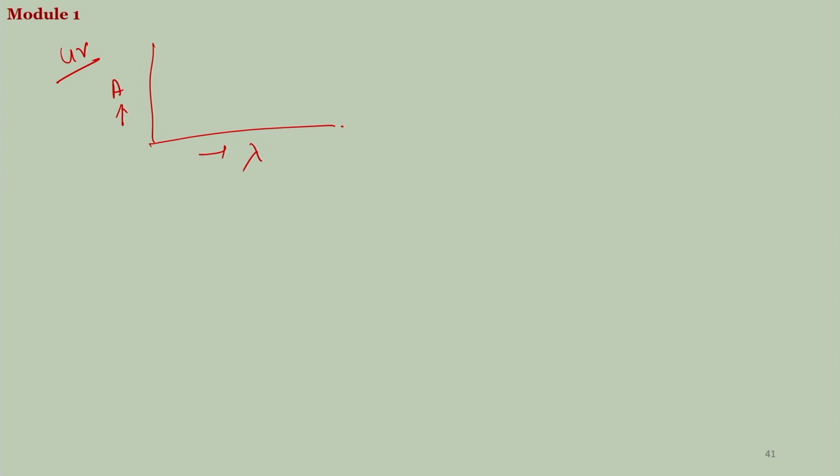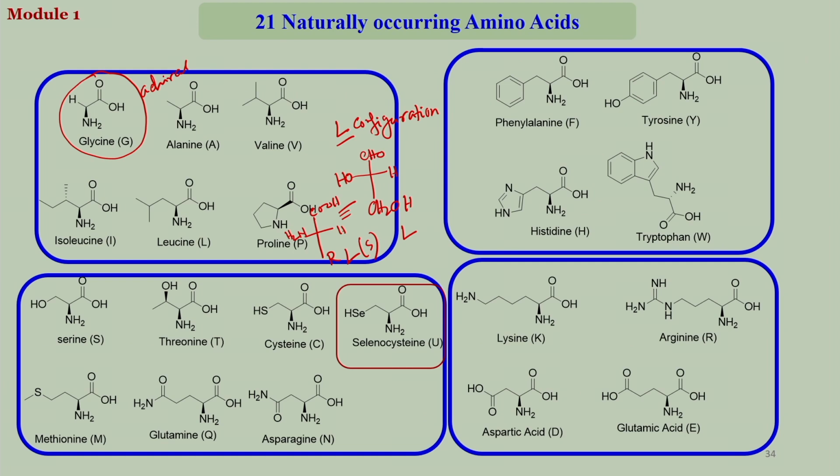If you look at the structure of the amino acids, you have aromatic compounds which can absorb UV light, chromophores basically. Phenylalanine and tyrosine absorb a very low region of the UV, basically 200 to 220 in that kind of range, which is not a very good wavelength to verify.